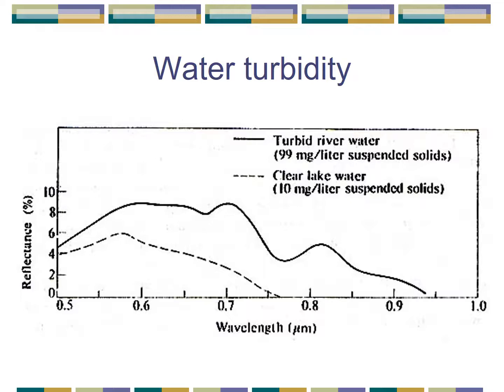So for every liter of water, there's almost 100 milligrams of something that's in suspension, versus clear lake water where that same liter would only have a tenth of that amount, or 10 milligrams. If we look at how those map out, what you see is the clearer water has less reflectance.